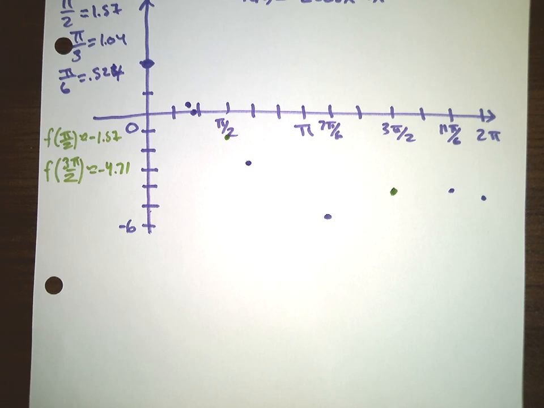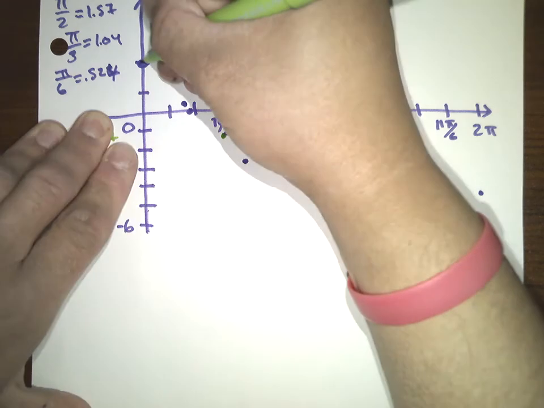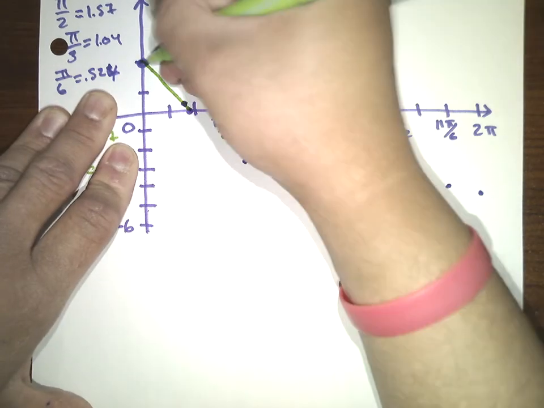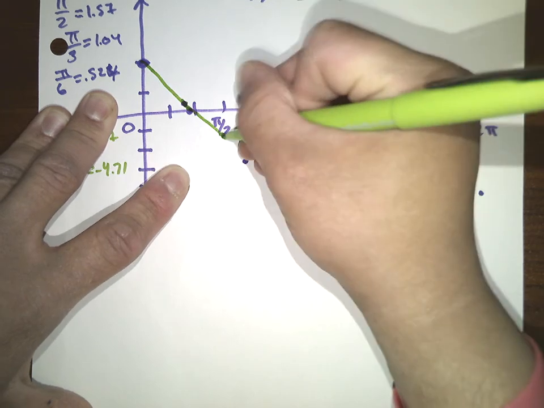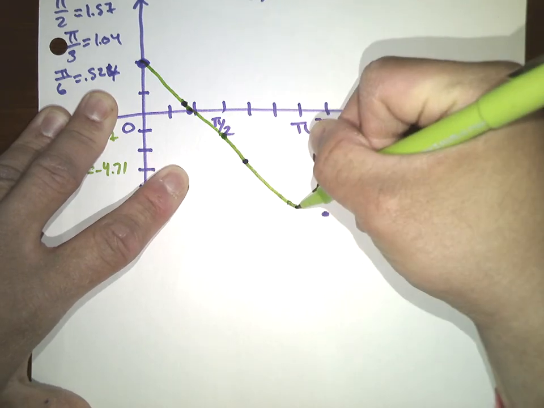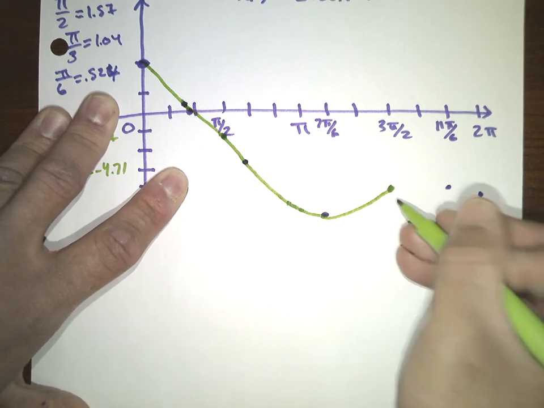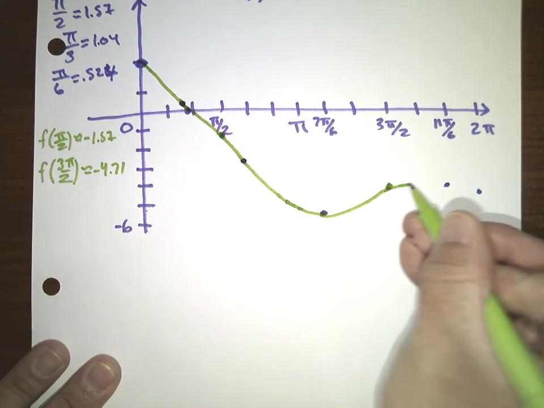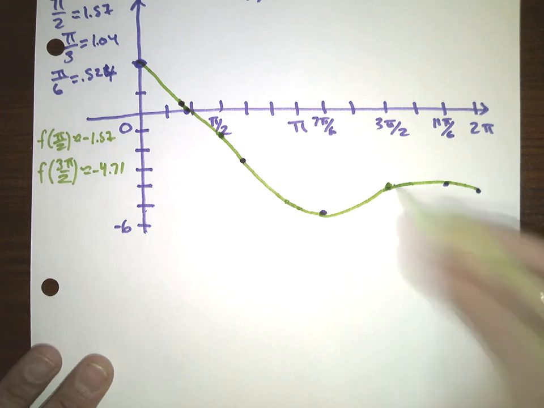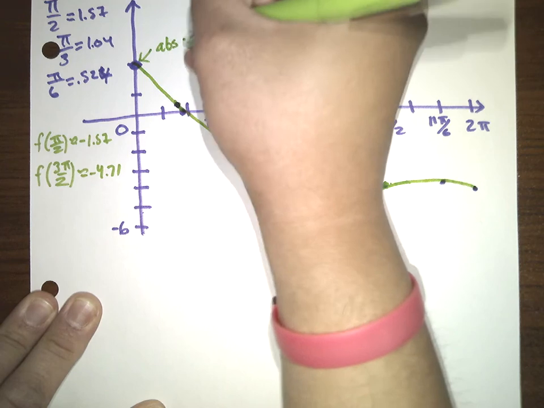So what a time to be alive. The graph of this function looks something like this. Then it turns around because that's the inflection point, and then there's a minimum, and then another inflection point, and then a relative maximum, and then back down. So just remember that this was the absolute maximum.